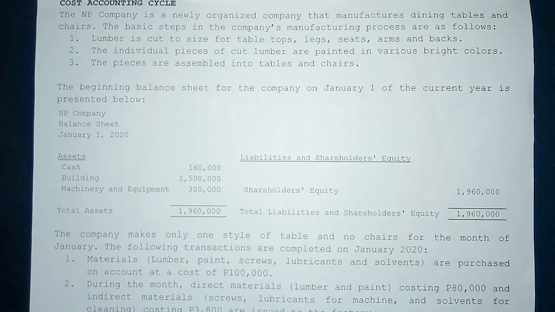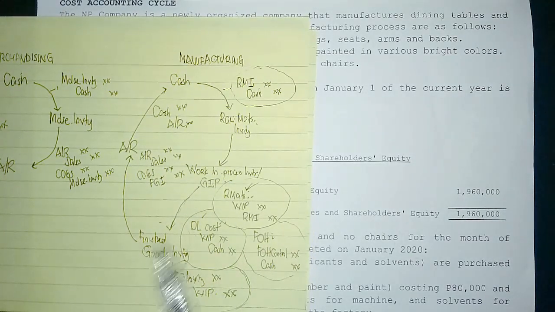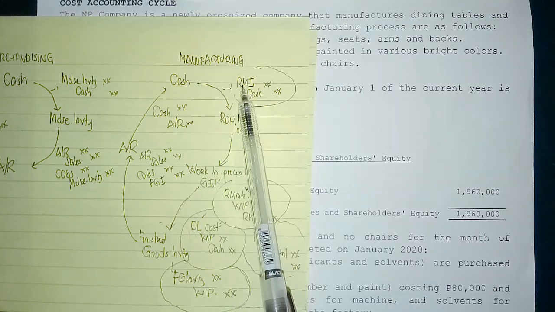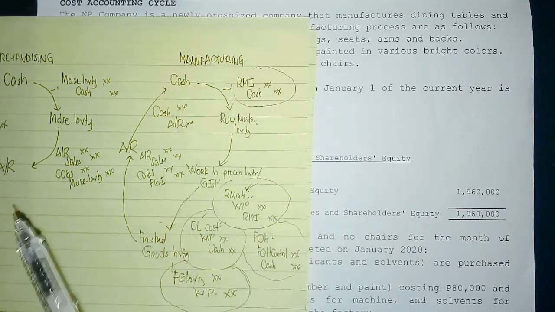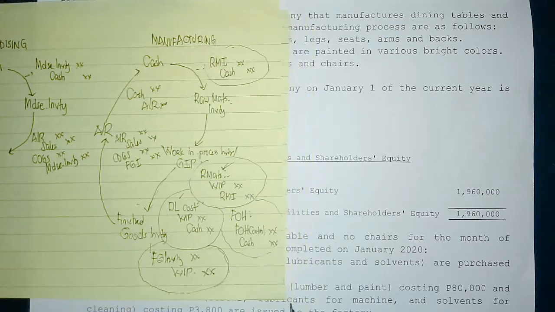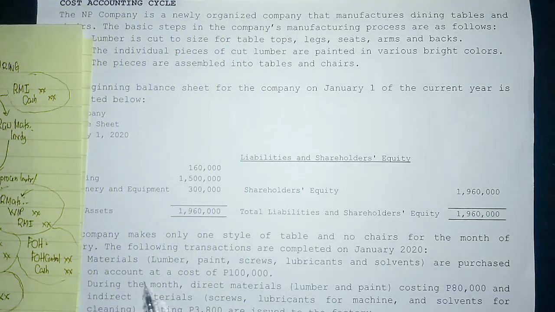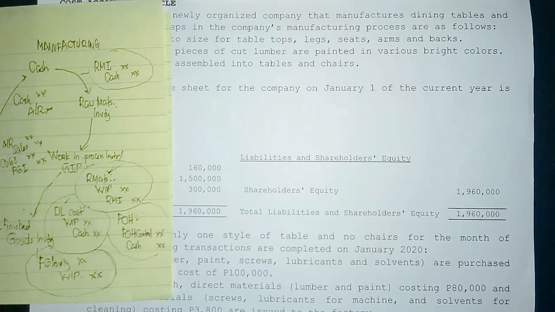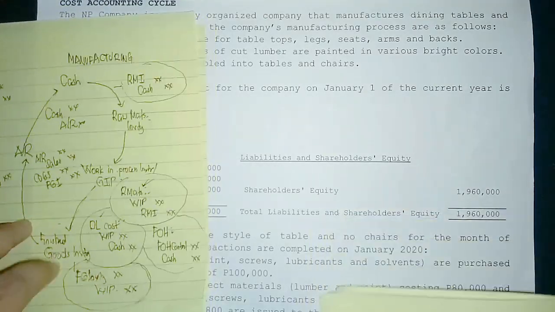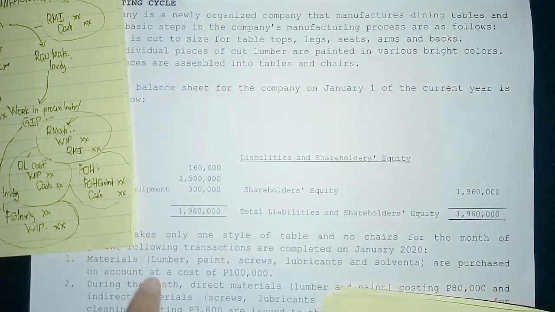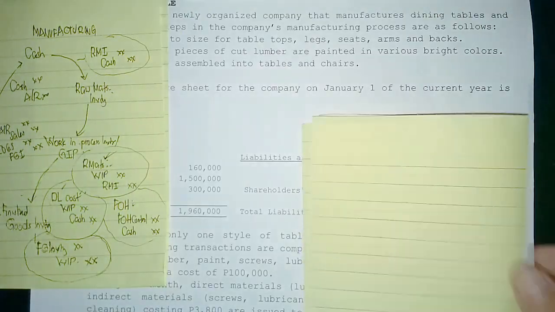So, to record yung number 1, balikan natin yung ating guide. Bumili ng material. So, ang entry natin kanina, debit raw materials inventory, credit cash. But sa case na to kasi, siya ay binili on account, meaning liability ang ating credit. So, to record yung transaction number 1, materials purchased at a cost of 100,000, gagamitin natin to as guide.